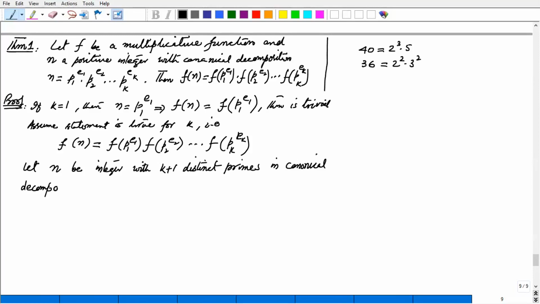Say n equals p1 to the power e1 times p2 to the power e2 till pk to the power ek times p k plus 1 to the power e k plus 1.